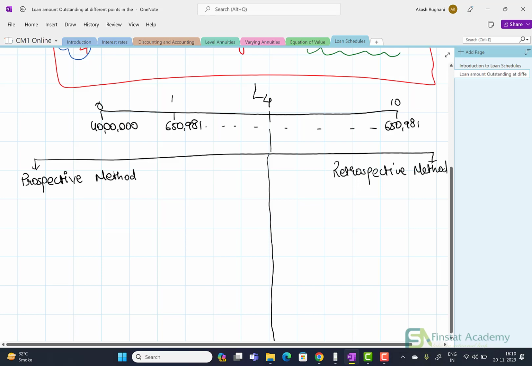Prospective, as the name suggests, is basically looking forward. So for us, if we are looking forward, we are looking at future cash flows. If I'm at time 4, I will look at all cash flows after time 4. And the value of the loan will be the present value of all future cash flows.